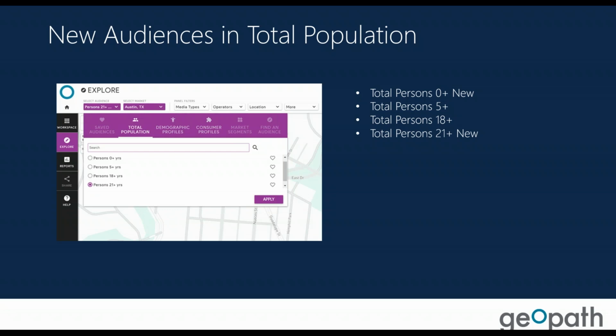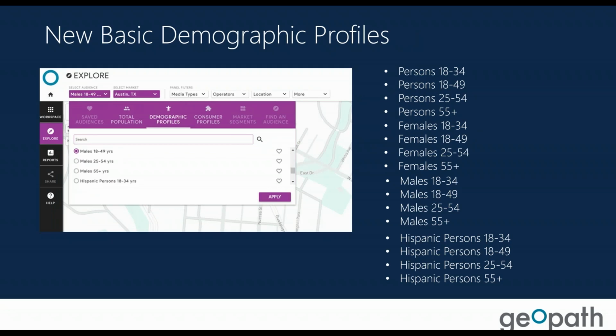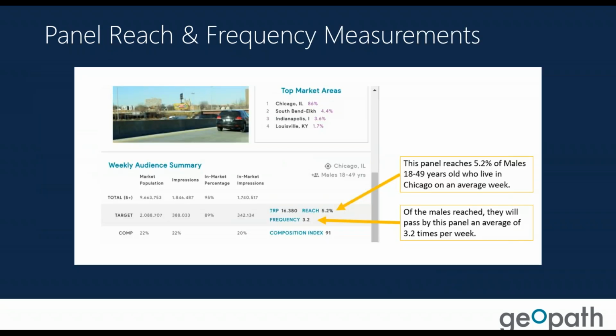So total person 0+ is the base, the default that we measure against when you log into the tool. There's also a variety of different demographics that have been added. This was new in the previous release, but as of last night, there are many more different iterations of this that we'll go through today.